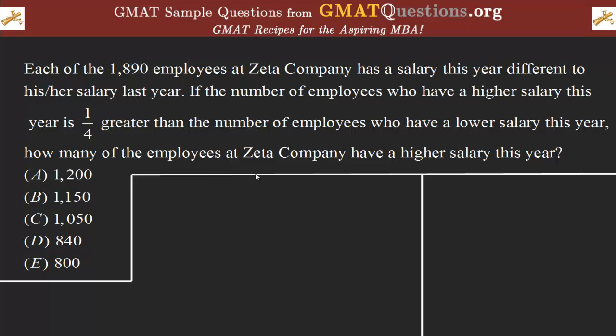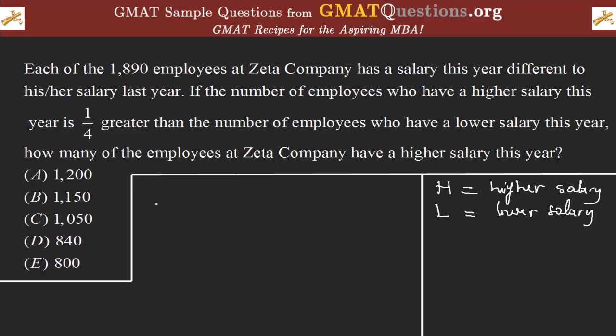So what I'm gonna do, I'm gonna say that the employees who have a higher salary, I'm gonna call them H. H is the number of employees who have a higher salary. And L is the number of employees who have lower salaries.